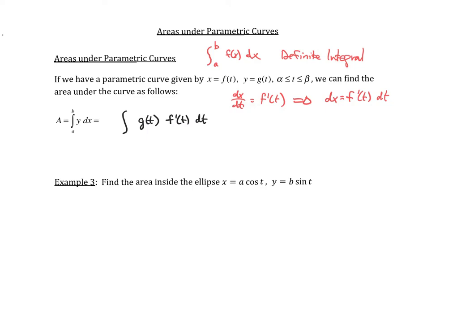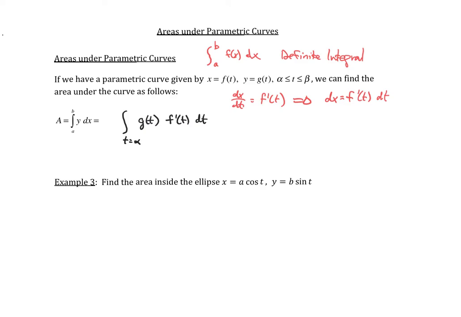And then finally, I really need to worry about the limits of integration here and here. Now, I don't want to put a and b because those were x values. So I really need to ask myself, what's the value of t when x is equal to a? Well, a is supposed to be our initial point, so I'm just going to start with my initial value of t, which is t equal to alpha.